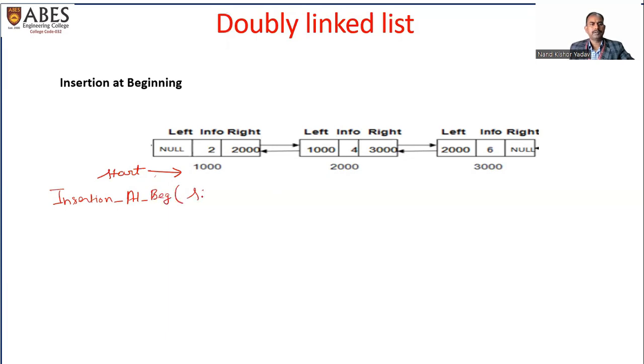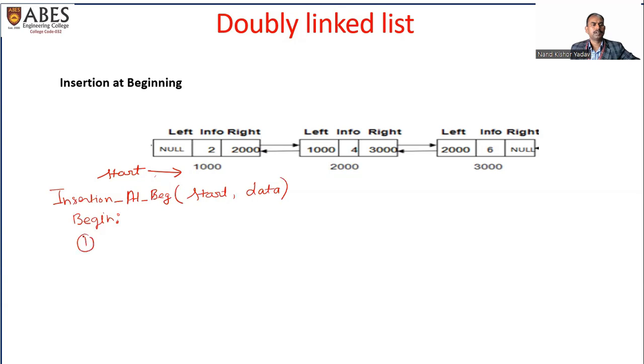Now start is given, so we have to write here start and data. Data means this data we have to insert in the new node. Now in the next step, we just begin the algorithm.